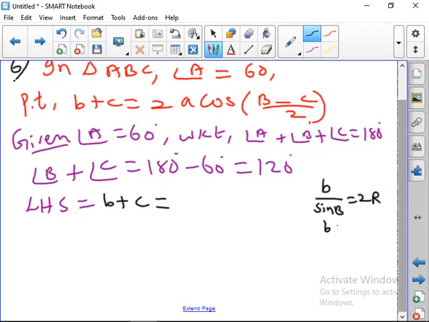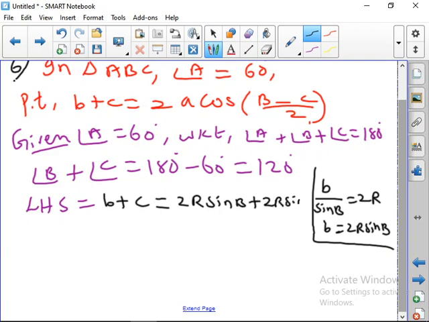So what is B? 2R sine B. So similarly, C also we have. Therefore, we can write this as 2R sine B plus 2R sine C. Okay. So now what is common? 2R is common, take it out. Sine B plus sine C.